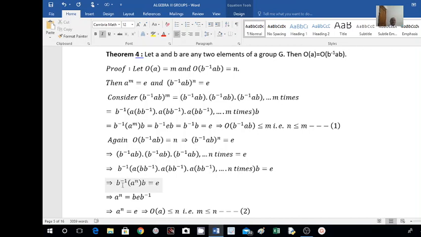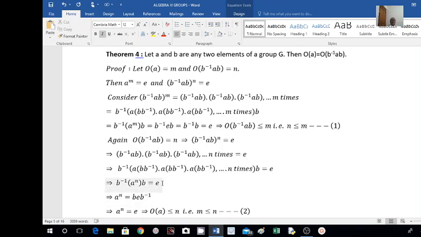Operating by B on the left on both sides, B B inverse becomes E. And operating by B inverse on the right on both sides, B B inverse is also equal to E. Then what remains is A to the power of n.